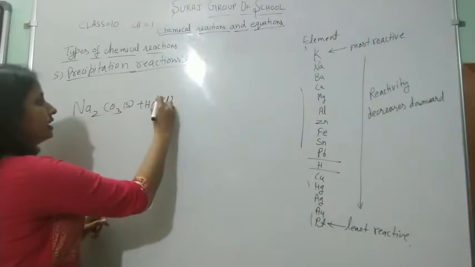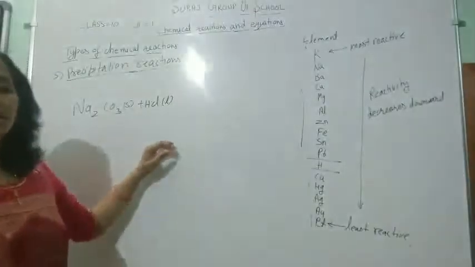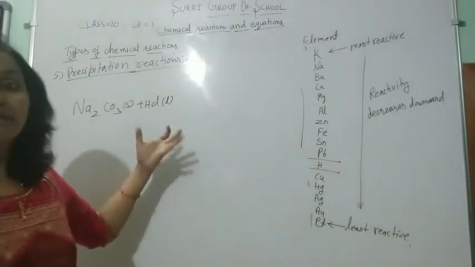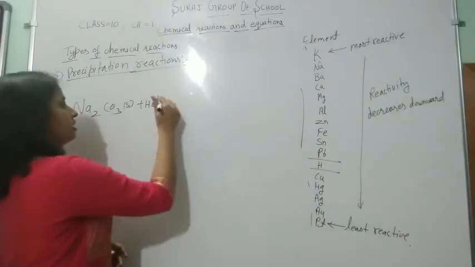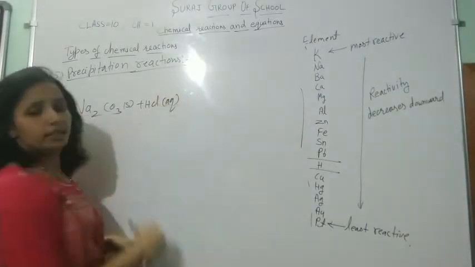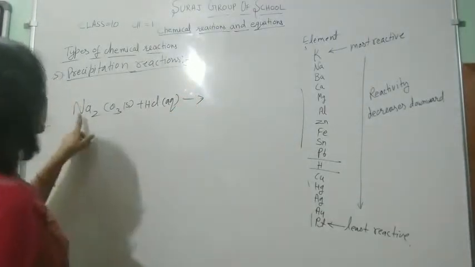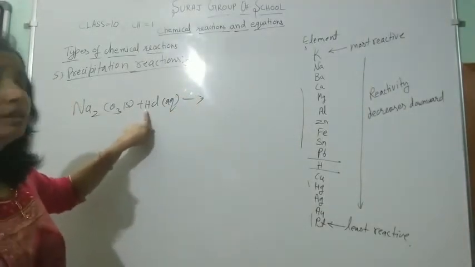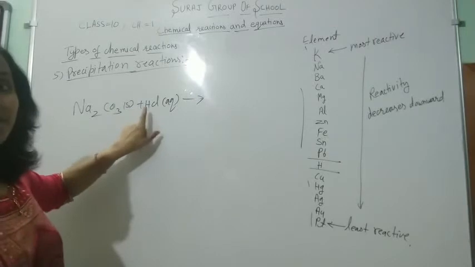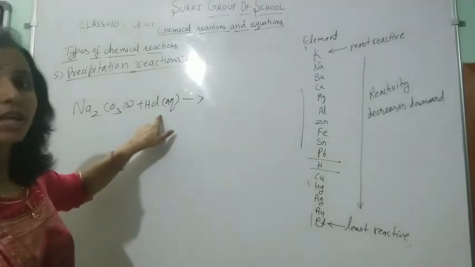HCl, which is in liquid or aqueous solution, diluted HCl. They react with each other, because sodium is more reactive than hydrogen, it reacts with acid and displaces hydrogen from hydrochloric acid.